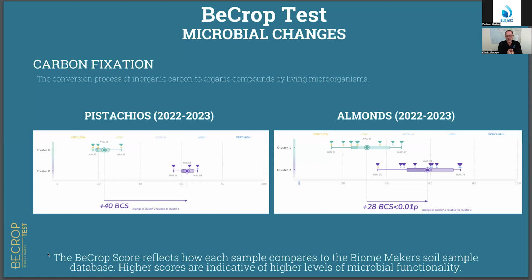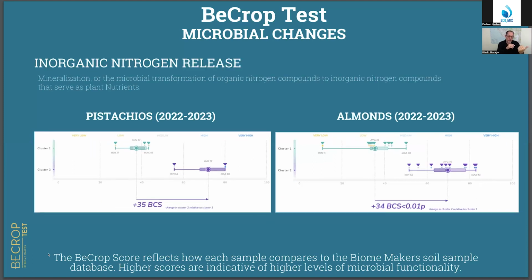And in the almonds, 28%. Just after 2 irrigation seasons. Later we're going to see how the carbon in the soil content changes. Then in organic nitrogen release, this is the mineralization of the nitrogen in the soil by microbes, 34% in almonds, very similar in both crops, okay?